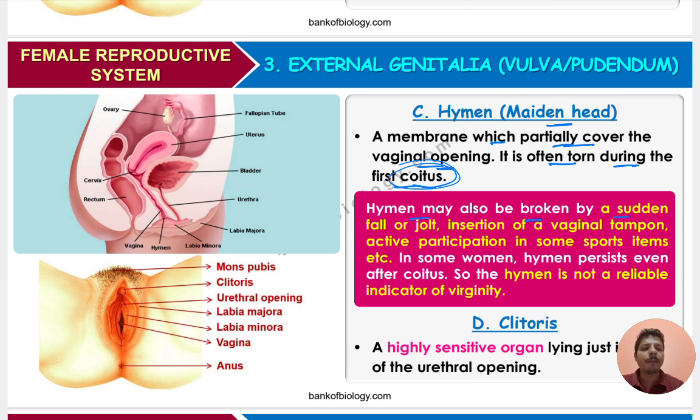The hymen may also be broken by a sudden fall or jolt, insertion of a vaginal tampon, which is made up of cotton, and active participation in some sports, etc. In some women, the hymen persists even after coitus. So the hymen is not a reliable indicator of virginity.